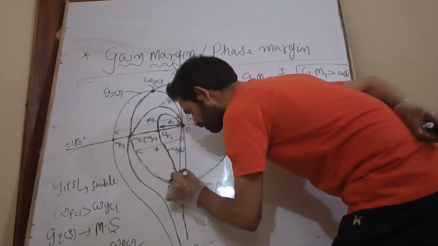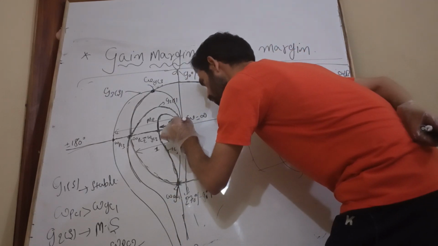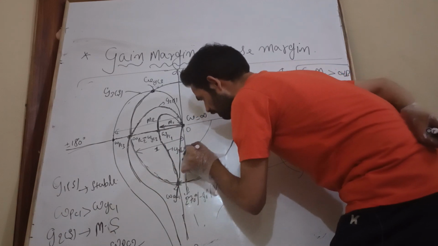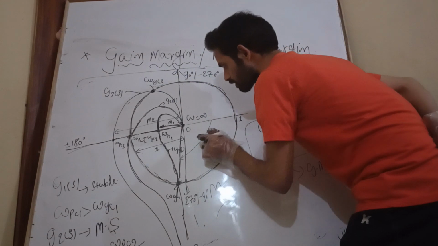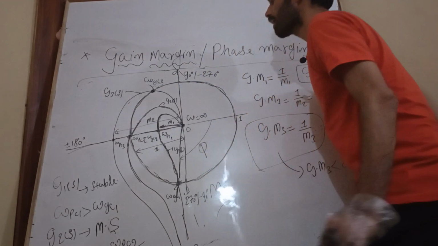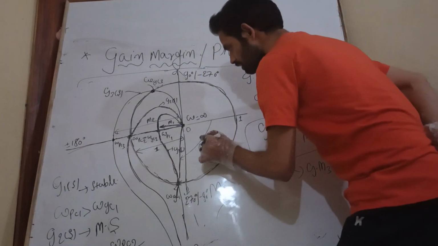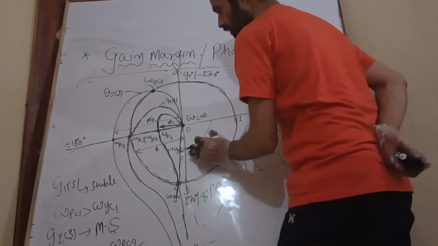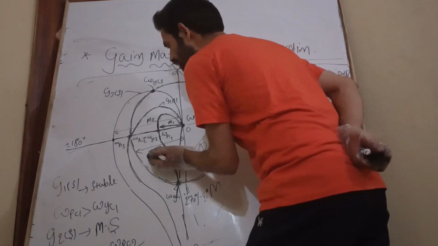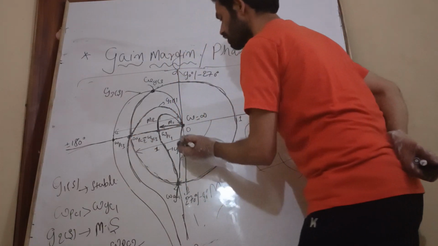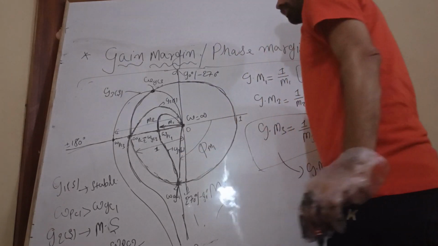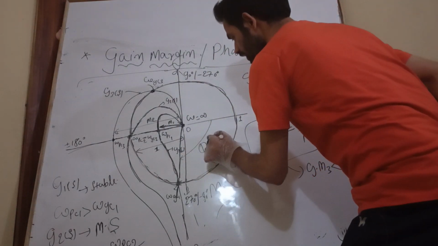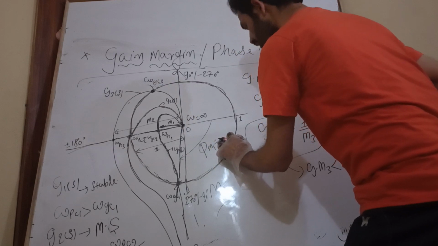Then you calculate this angle; let's say this is my angle phi m1 for system 1. Now I want to reach this 180 degree, so let's say this is my angle.